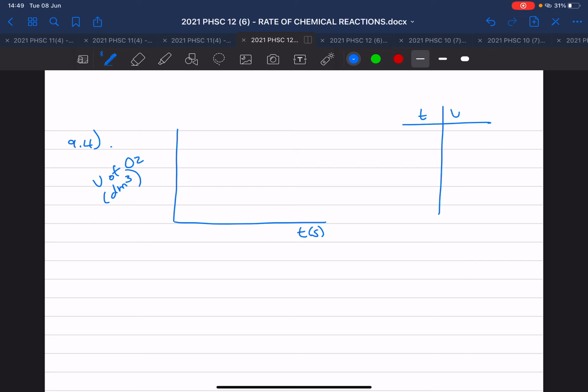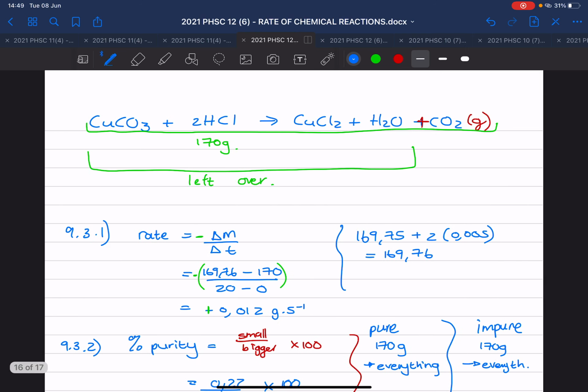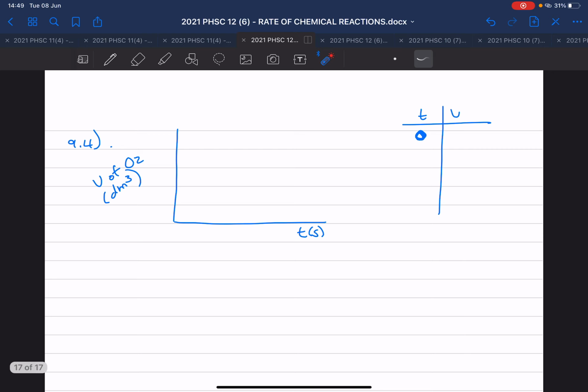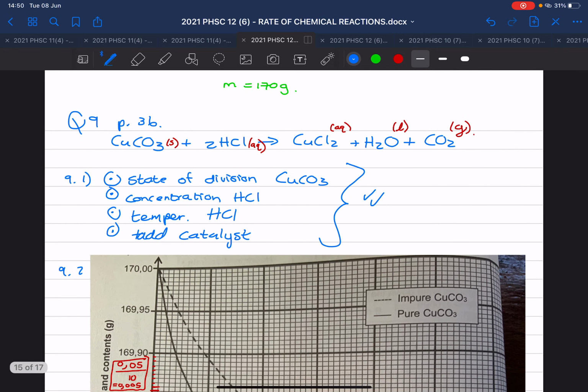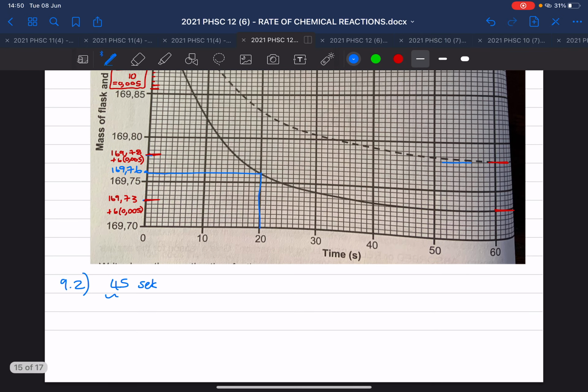We know at the beginning, when the time was 0, we haven't produced any carbon dioxide yet, because it is one of the products. So at the beginning, the volume is 0.